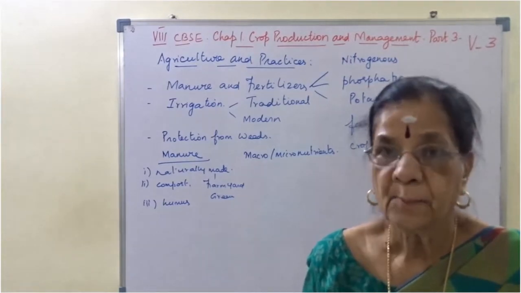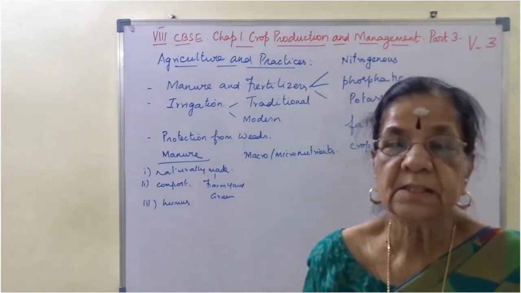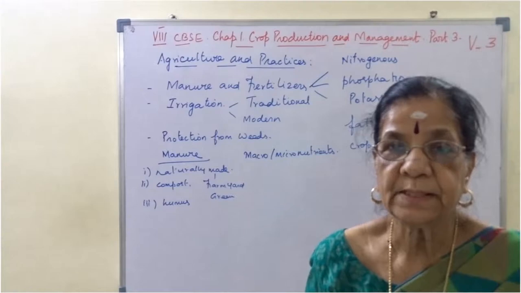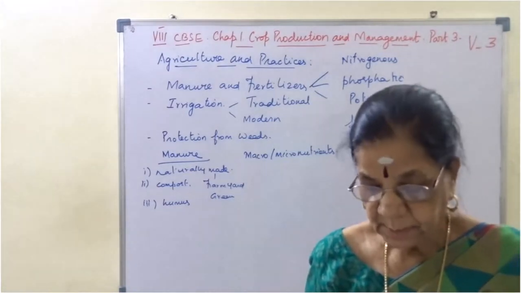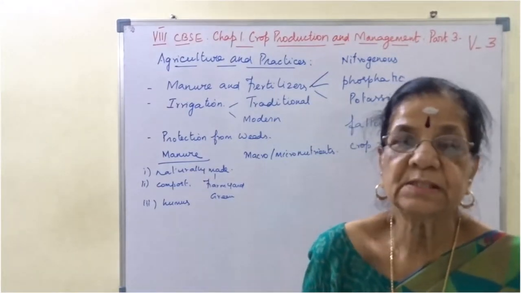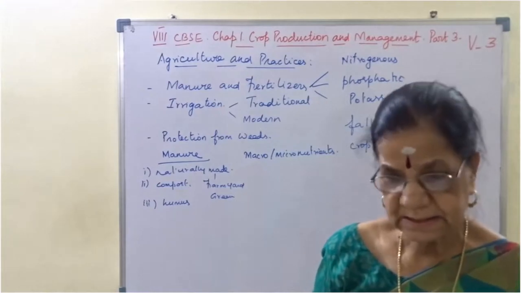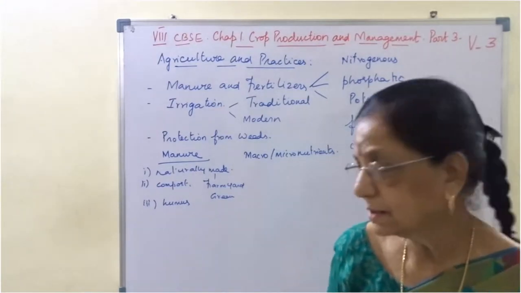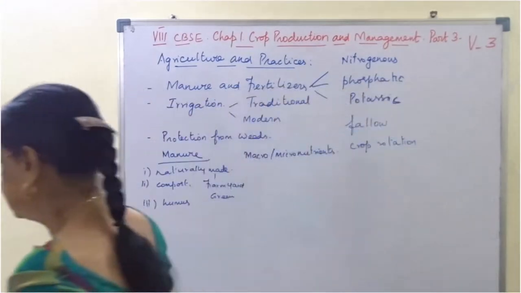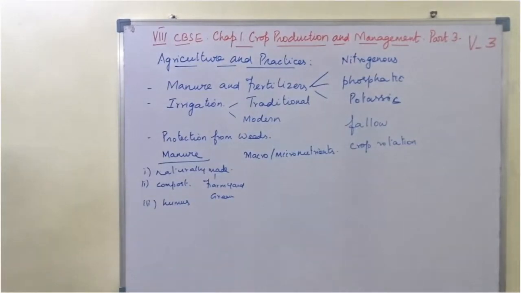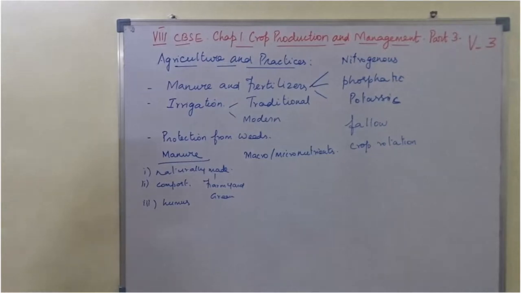Manure increases the number of friendly microbes. Then it improves the texture of the soil. When the nutrients are rich and supplied, it automatically improves the texture of the soil.